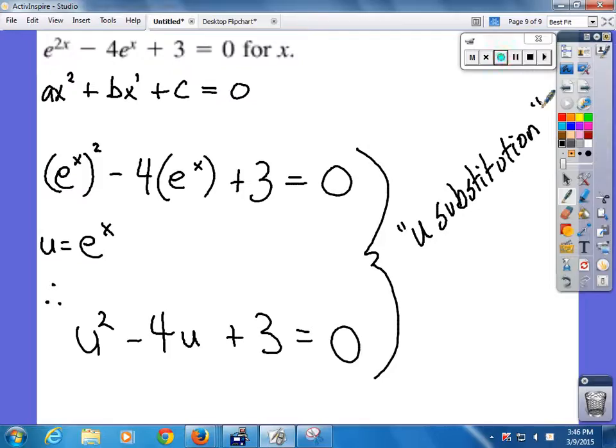Do you think this is the first and last time you're going to hear that? No. You're going to hear this in Calc 1 and 2, except it's going to be used with antiderivatives, which is the area under the curve.